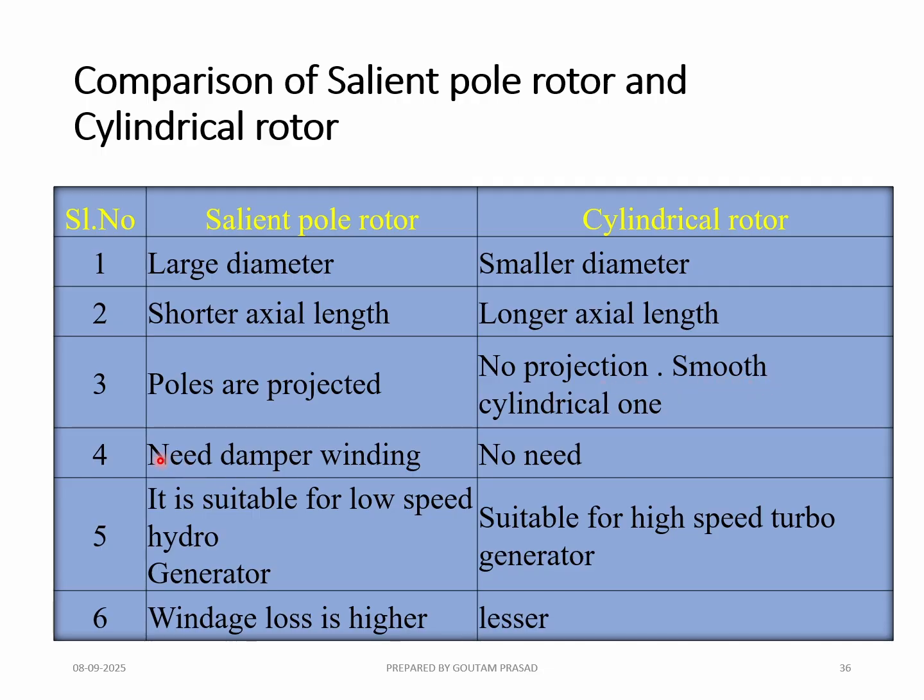There is no need of damper winding in the case of cylindrical rotor, but we need damper winding in the case of salient pole rotor in order to stop hunting.